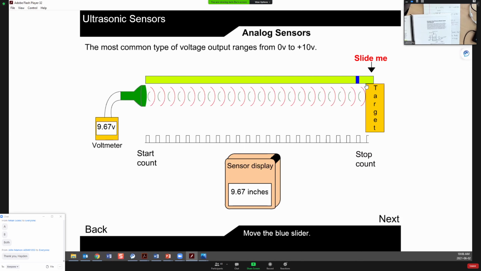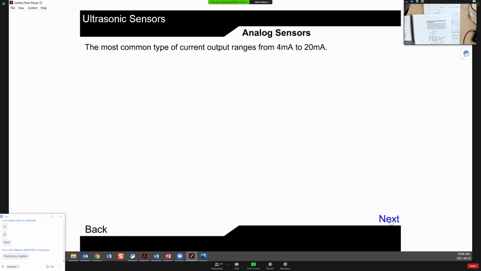And those are the analog sensors, which can detect the distance from an object.